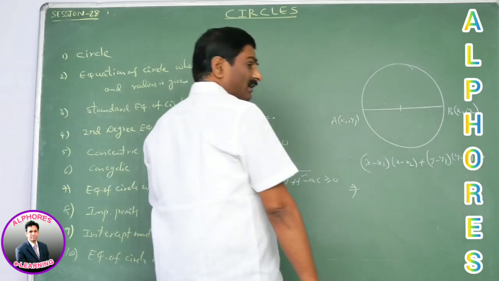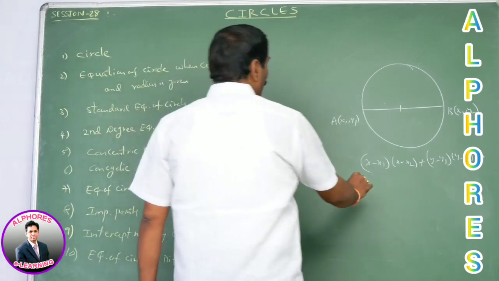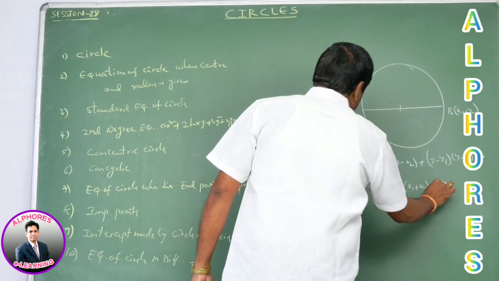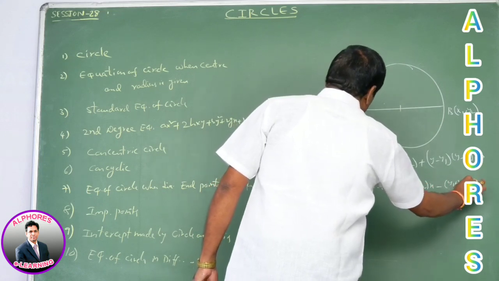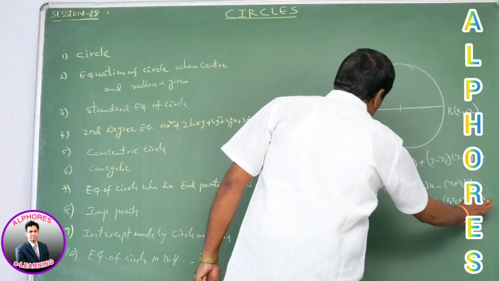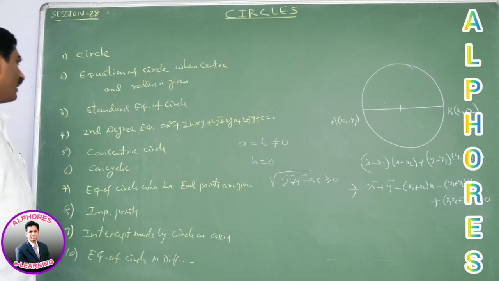After expansion, its equation is x square plus y square minus (x1 plus x2) into x minus (y1 plus y2) into y plus x1 x2 plus y1 y2 is equal to 0. This is the equation of the circle when diameter endpoints are given.